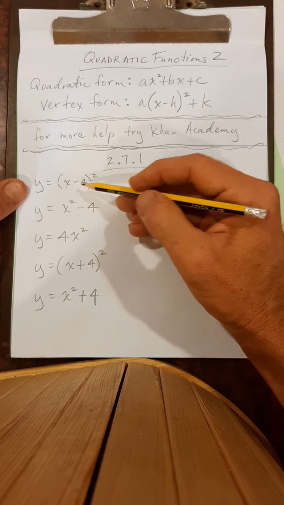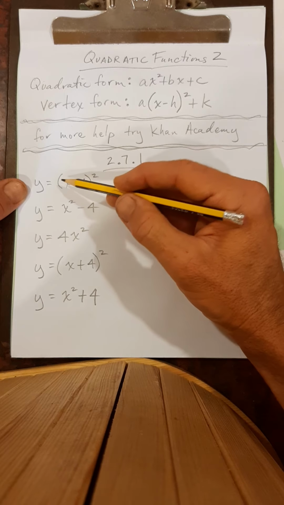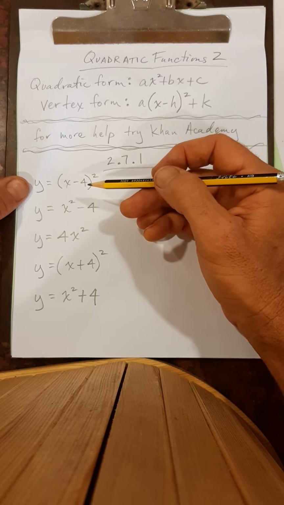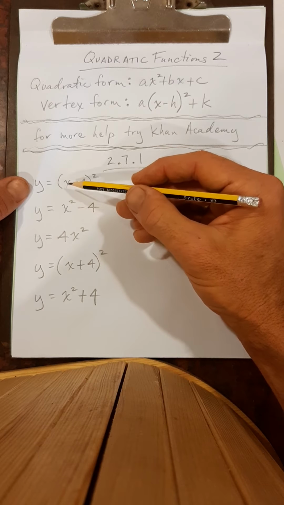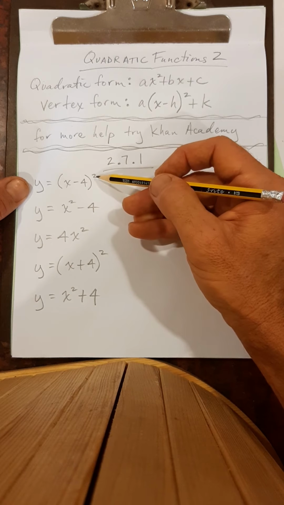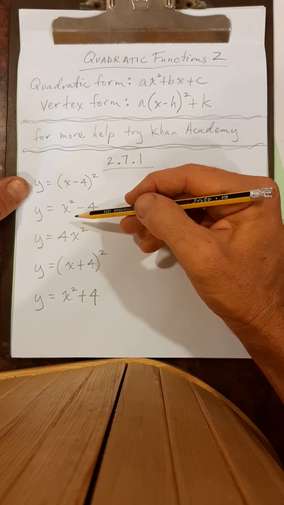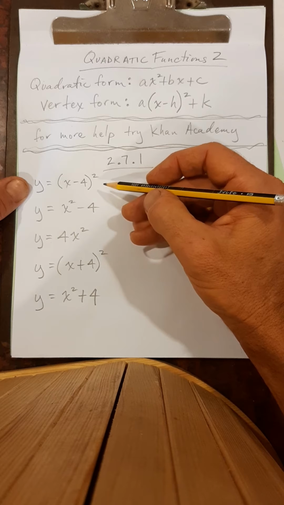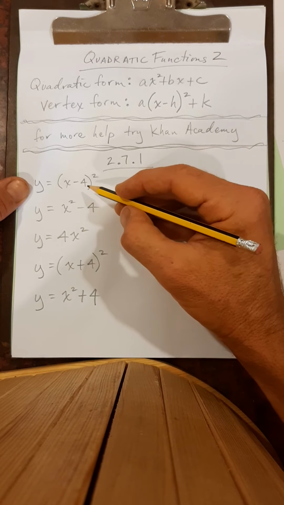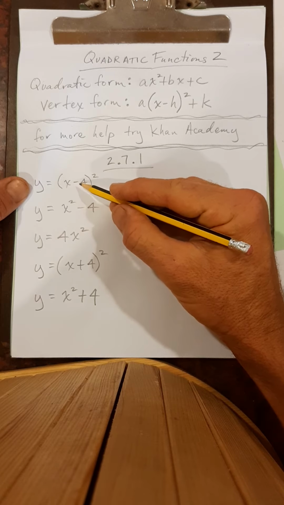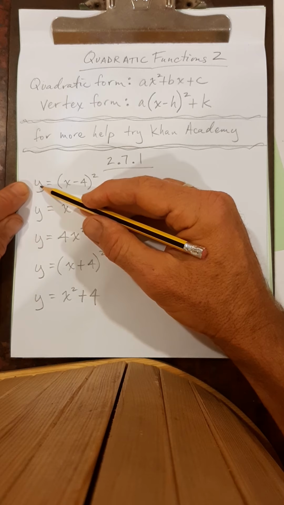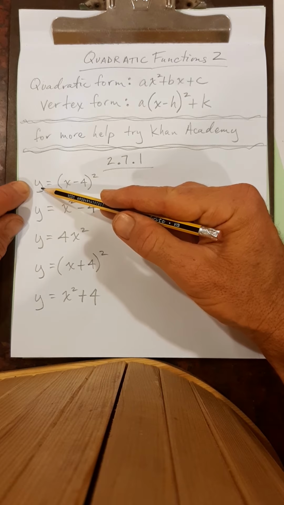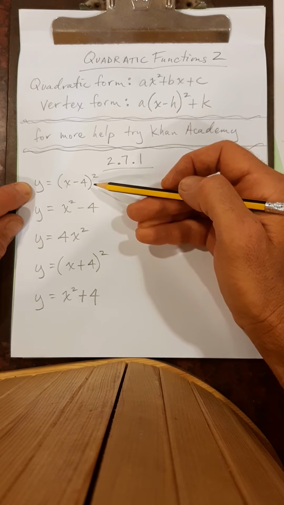If I square everything inside the bracket, y can never be less than 0. Whatever I put in here, negative or positive, I square it, I get a positive answer for y. So let's start talking about minimum and maximum as we analyze functions. My minimum value can never be less than 0. The lowest my graph will go is y equals 0. Well, where is that?